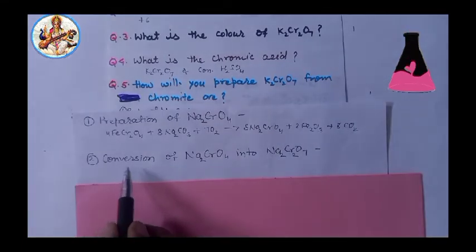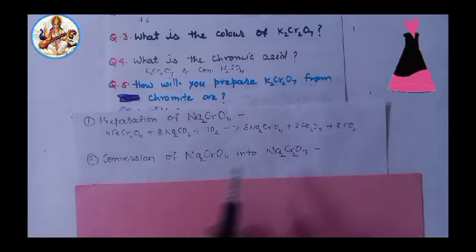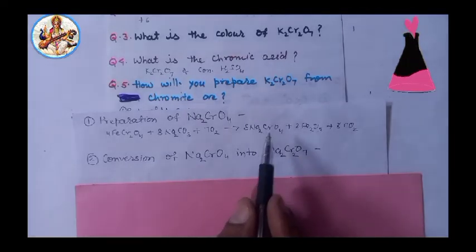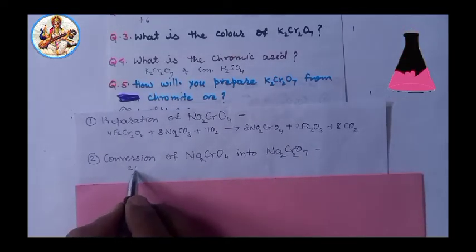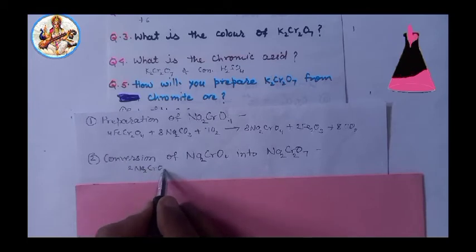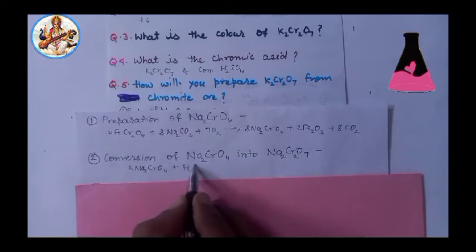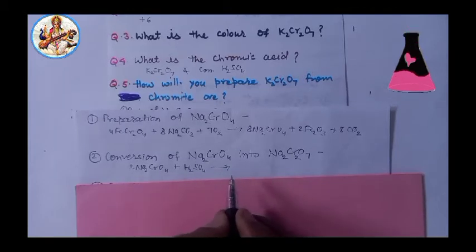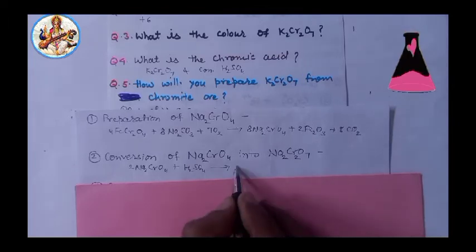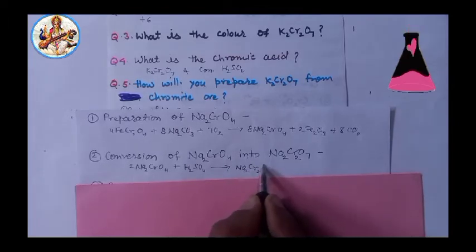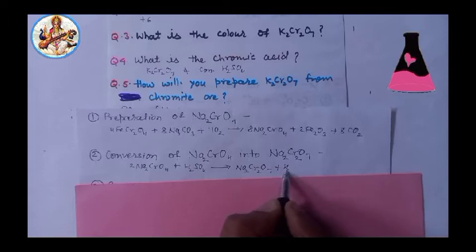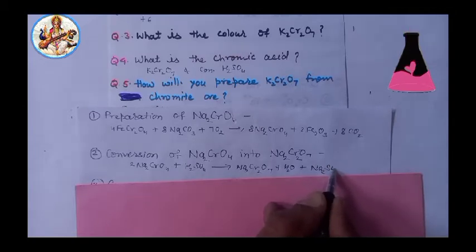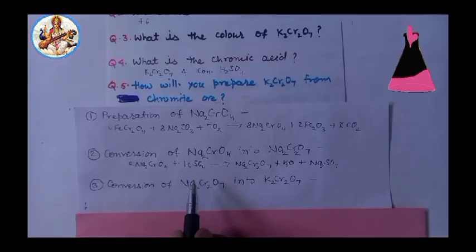Now the second step, conversion of sodium chromate into sodium dichromate. Sodium chromate is treated with H2SO4 to form orange colored sodium dichromate, Na2Cr2O7, and the byproducts are water and sodium sulfate.